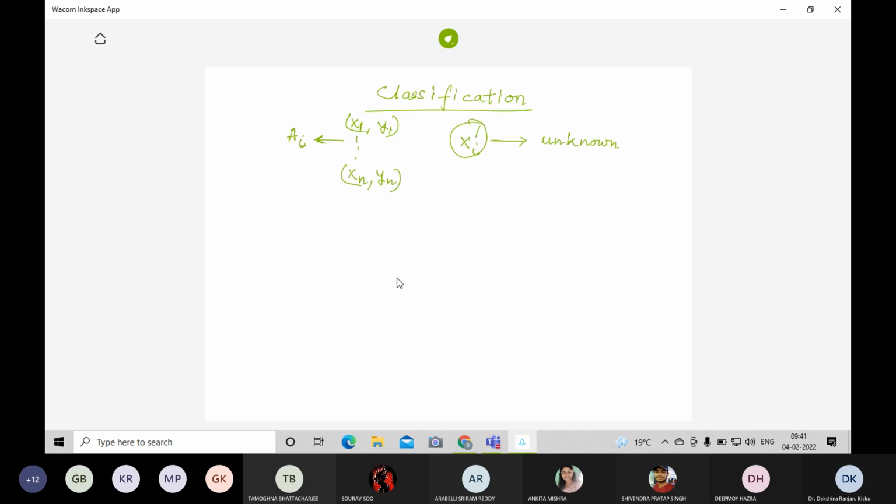We have to classify this unknown pattern and put on it one of the existing class labels from y1 to yn. That means if the algorithm decides the class label y1 for this x_i dash, then we put the label y1 on this unknown example x_i dash.